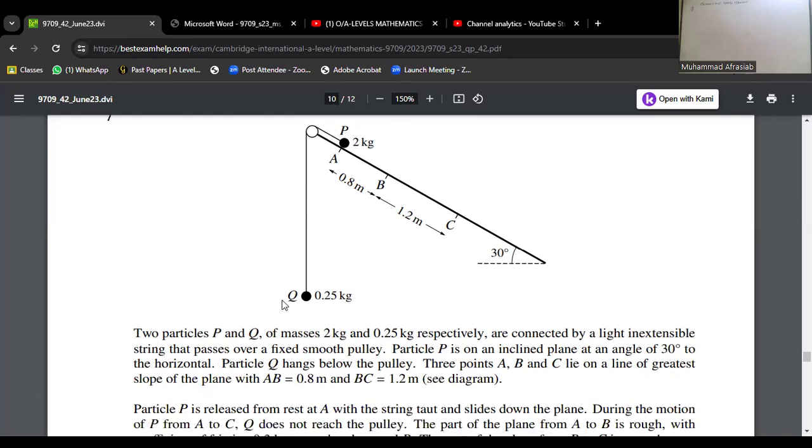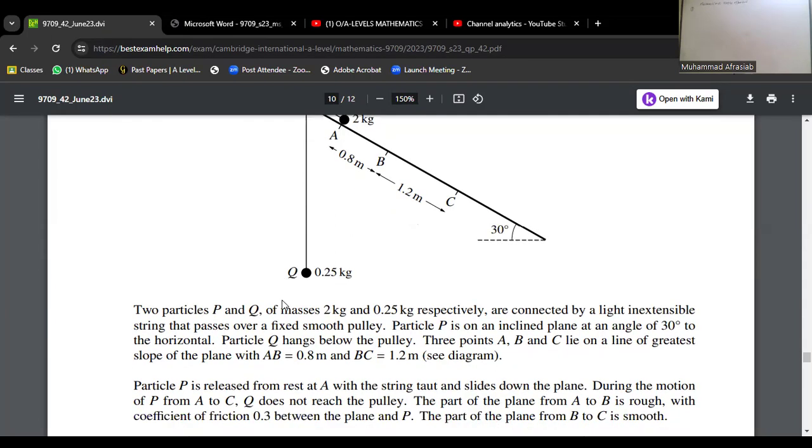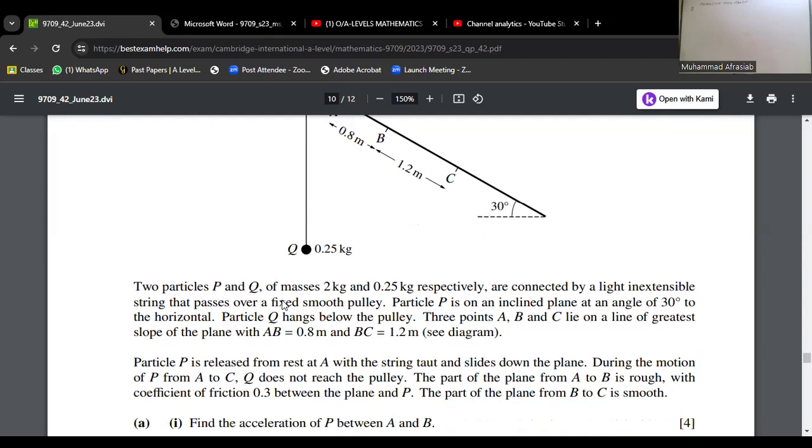Particle Q hangs below the pulley. Three points A, B, C lie on the line of greatest slope of the plane, where AB is equal to 0.8 meter and BC is equal to 1.2 meter, as shown in the diagram. Particle P is released from rest at A with the string taut and slides down the plane.